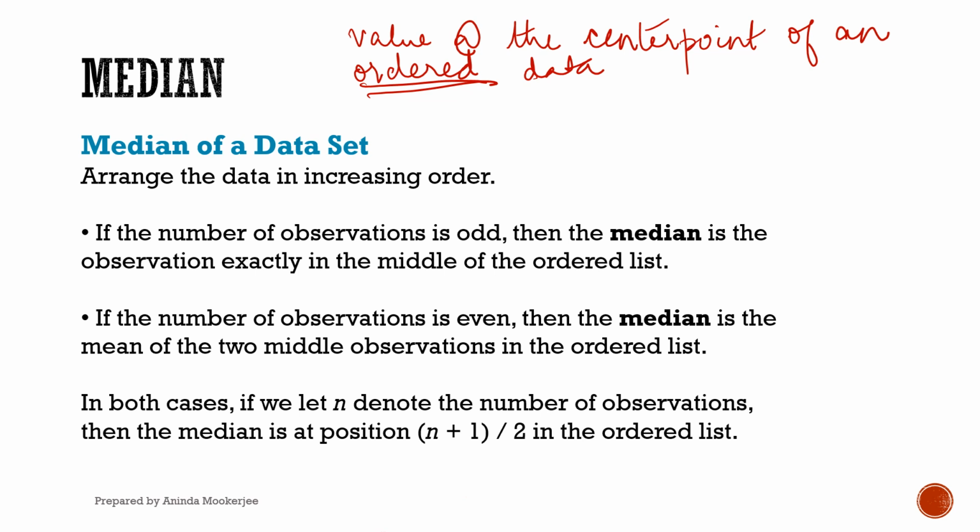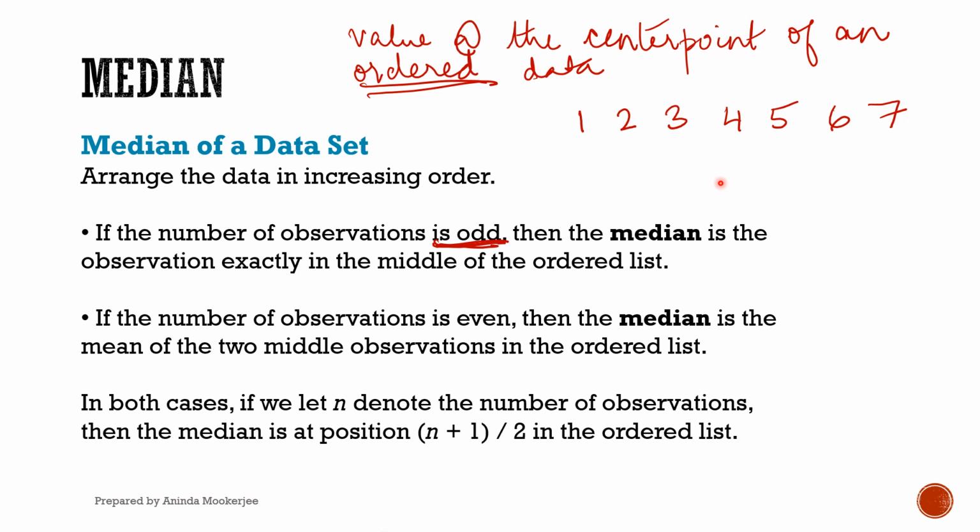What this means is if we have an odd number of values, so let's say we have this set 1, 2, 3, 4, 5, 6, 7. All right, we have 7 numbers here, which is odd. And how would we go about finding the median? First of all, of course, make sure that your data is arranged from lowest to highest in increasing order.